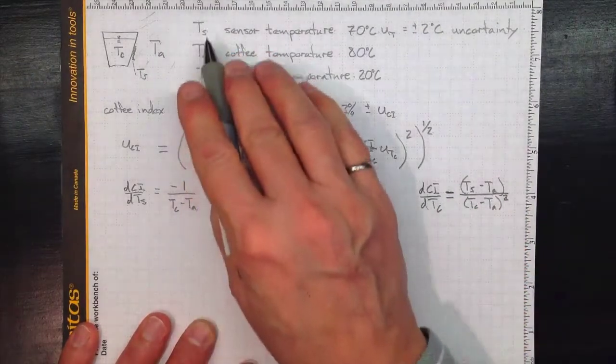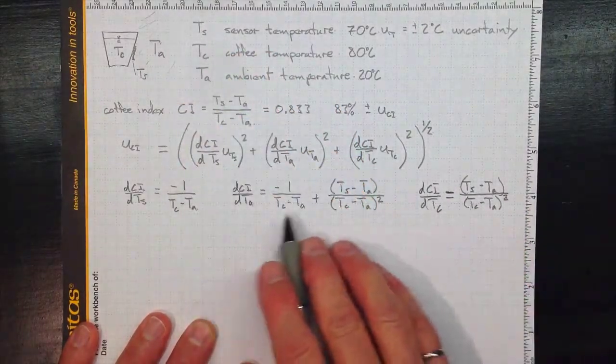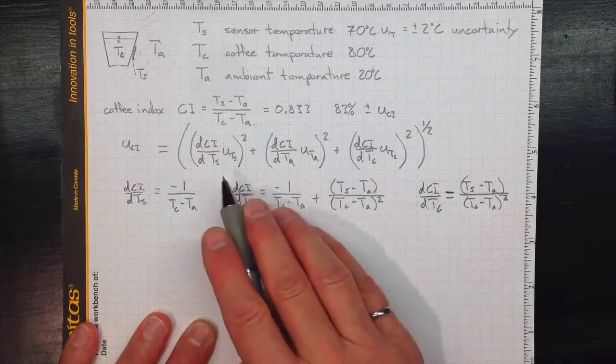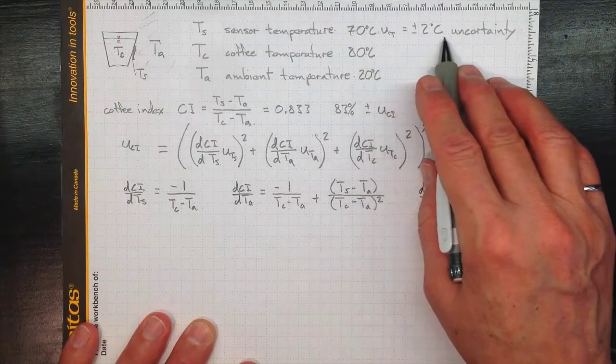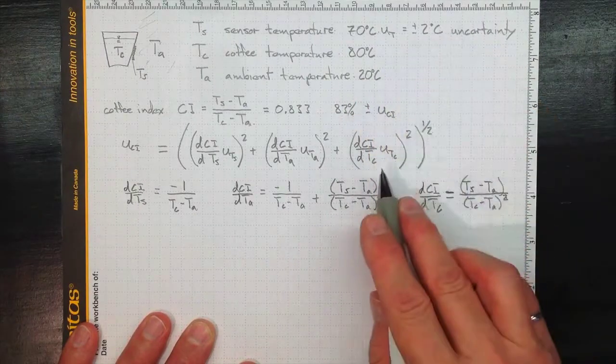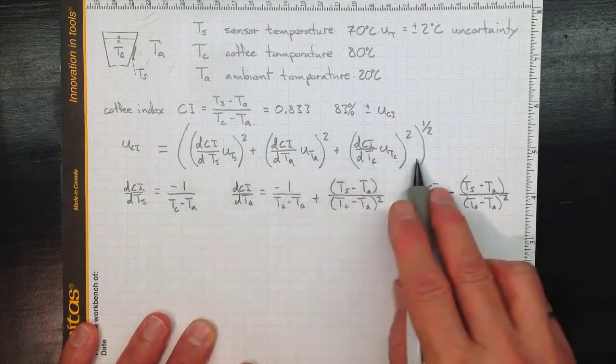If I knew what Ts, Tc, and Ta were, I could calculate all of those. If I knew what the uncertainty in each of the temperatures was, and in this case I'm saying it's plus or minus 2 degrees Celsius, I could plug them in.